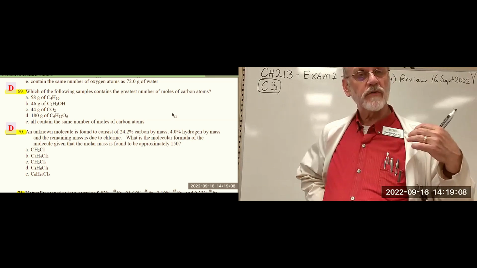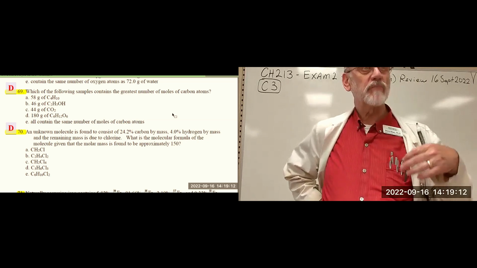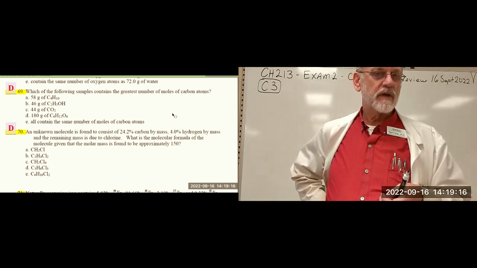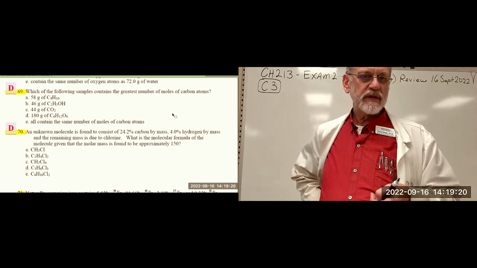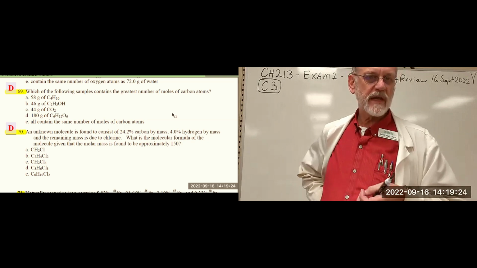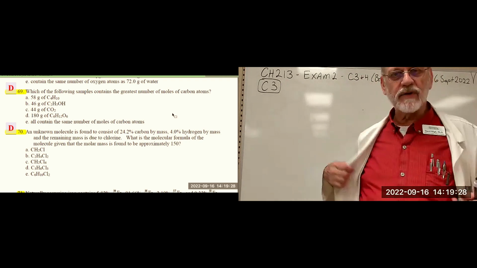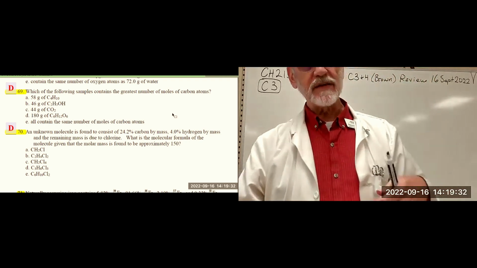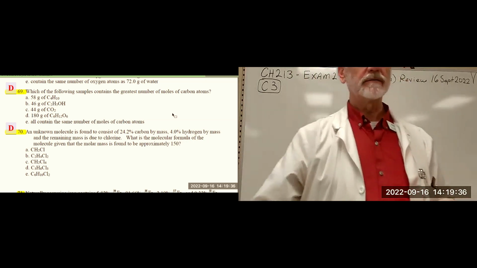Then once you find the moles of compound, you ratio that to the number of moles of carbon atoms per mole of compound. So the first one will be 4 to 1, the second will be 2 to 1, and 1 to 1 for C, and 6 to 1 for D. And that's how you find out how many moles of carbon atoms. Because if you just find the moles of the compound, you're only part of the way there.